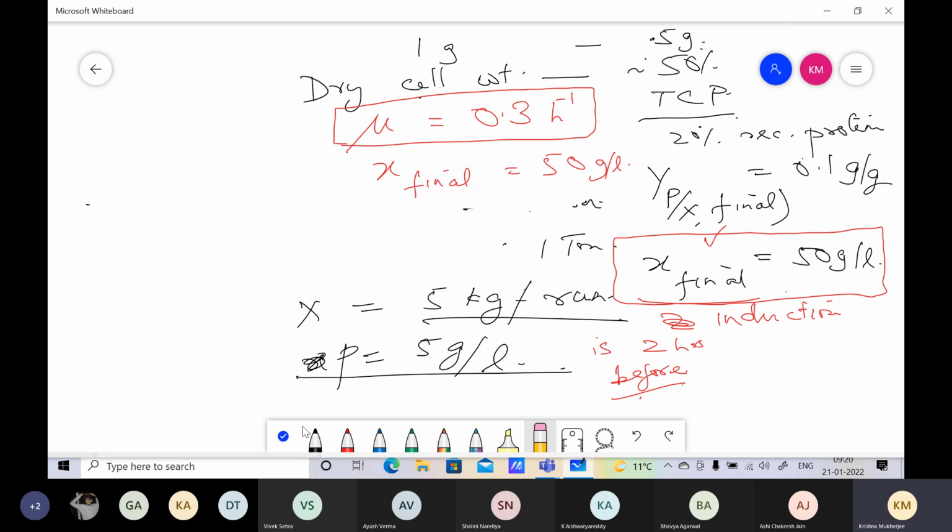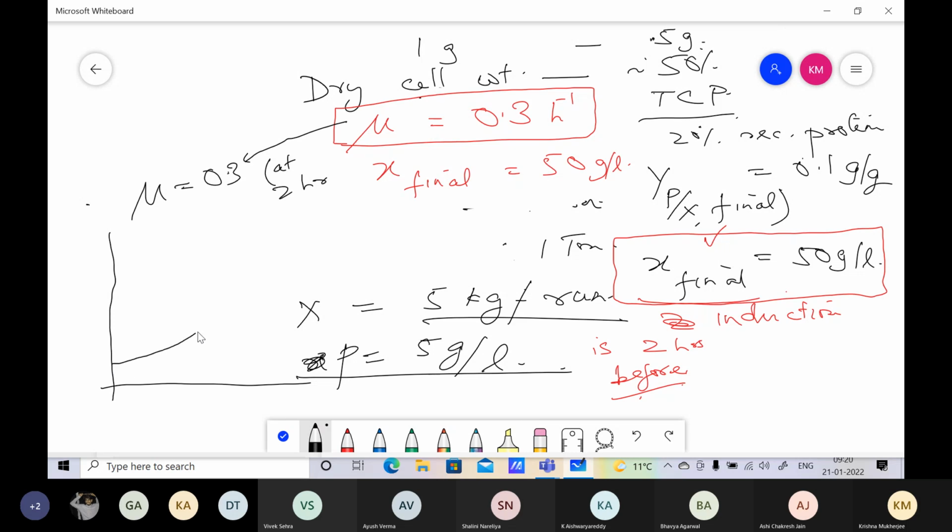It's a complicated question because mu is 0.3 at the point of induction, 2 hours before. So your cells are growing like this, exponentially, right? And somewhere this is X, this is T. Are you following me? And at some point here, yes, sir, I am inducing.